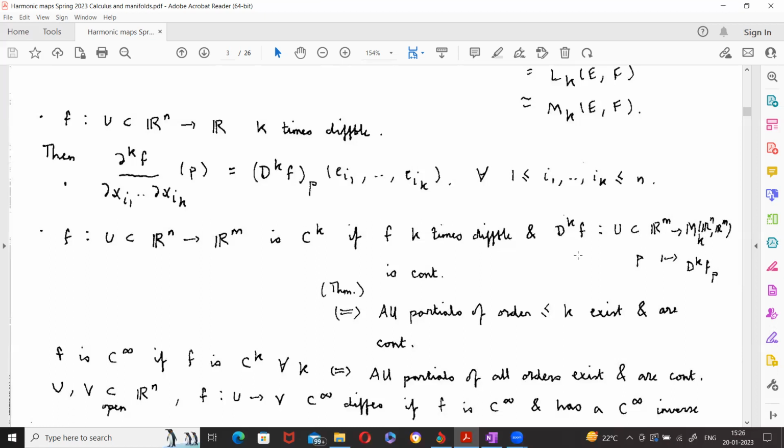So it turns out that this F is C^k if and only if, this is a theorem, all partials of order less than or equal to K exist and are continuous.